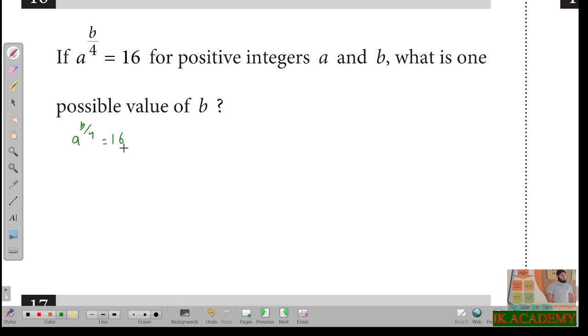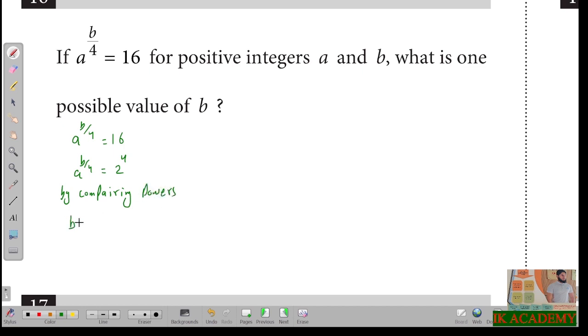So I can write 16 in different forms with different powers and different bases. For instance, I can write 16 as 2 power 4, and then compare powers.